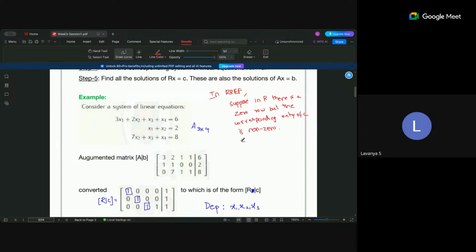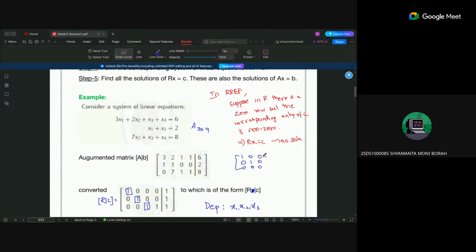Then in that scenario, Rx equals C will have no solution. Why is that so? For example, let's say you are having some matrix like this.